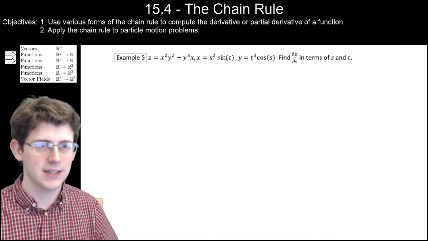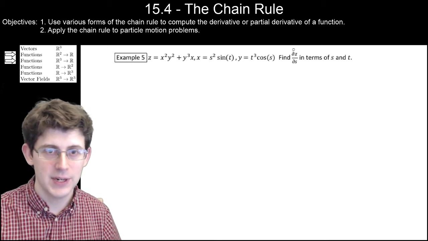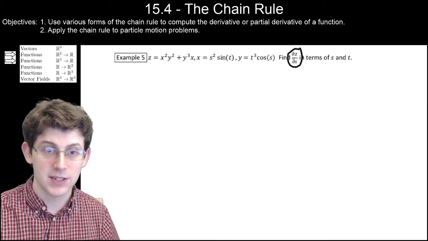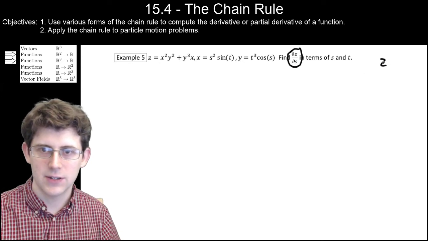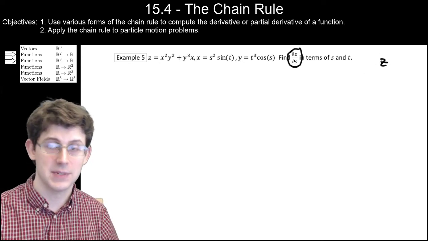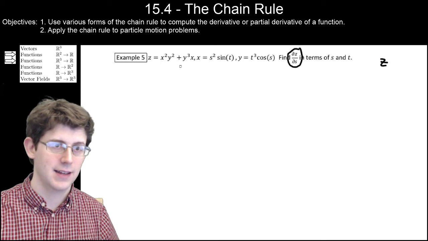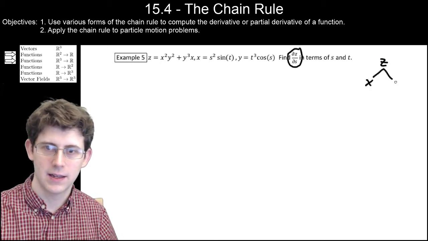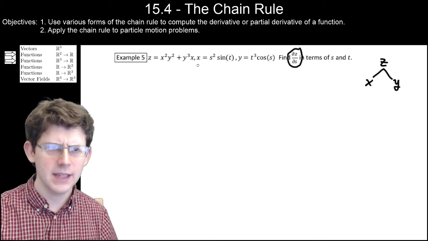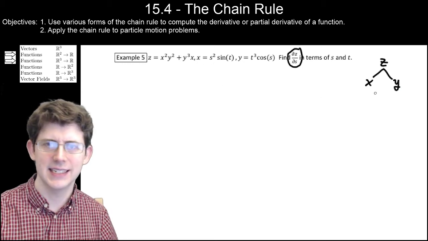So let's say z looks like this. When someone is asking me to find partial z, partial s, then I'm going to try to figure out how I can get from z to s. It looks like z depends on x and y initially. And then x depends on s and t.